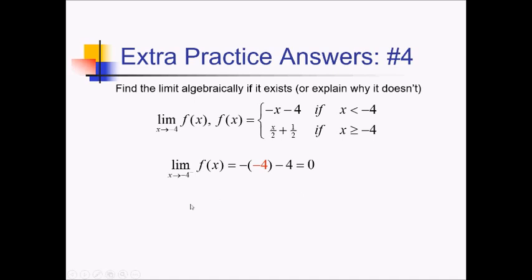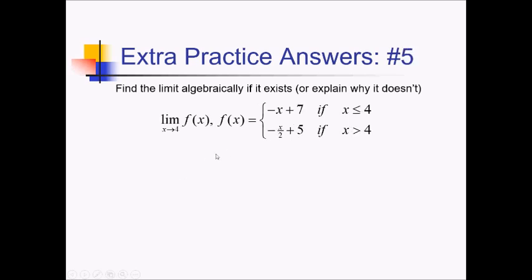Now we take a look at the right-sided limit at -4. That's using the second rule, so we've got -4 over 2 plus 1/2. That's going to be -3 halves, which does not match 0. So the two-sided limit does not exist since the left and right limits do not agree.